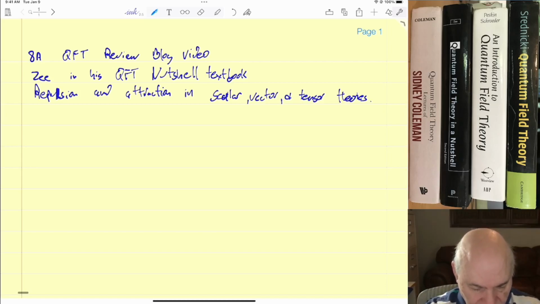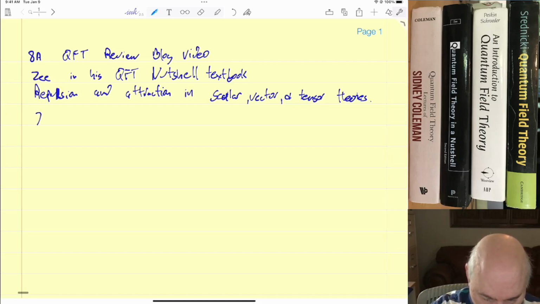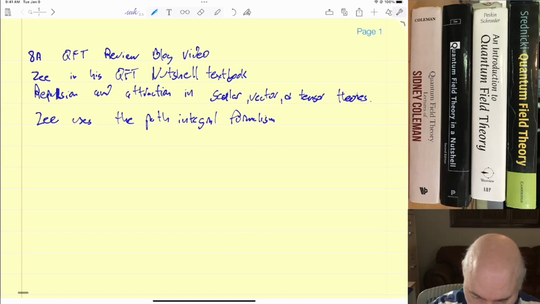So it's a very interesting argument, and Zee uses the path integral formalism very early on. At least he starts out with that. He also does canonical quantization, but he starts out with the path integral.